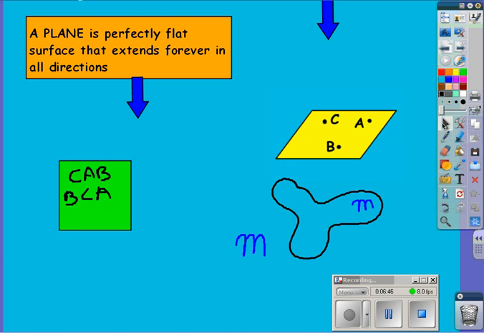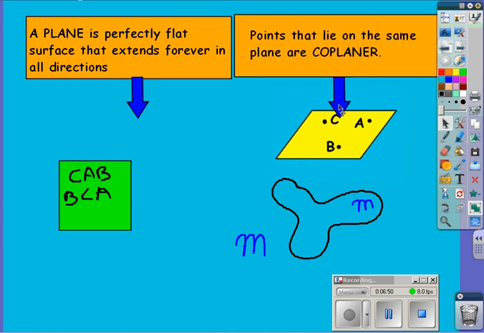Okay? Now to confuse things even more, points that lie on the same plane are called coplanar. So points A, B, and C are all coplanar because they all exist on the same plane.